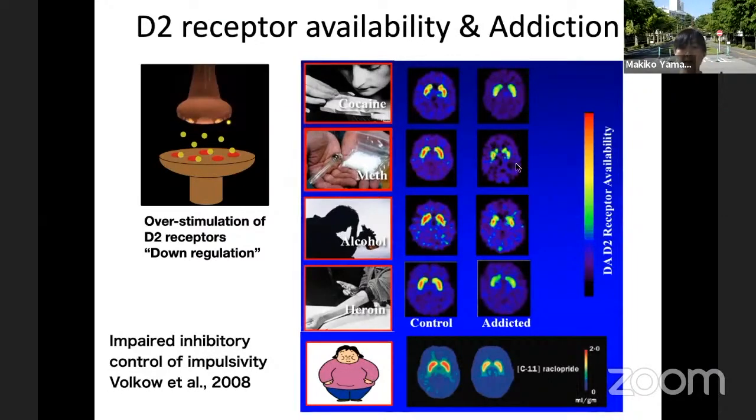These addicted people have fewer D2 receptors in the striatum, possibly because overstimulation of D2 receptors induced downregulation in the post-synapse. And studies indicate that these addicted people have impaired inhibitory control of impulsivity.